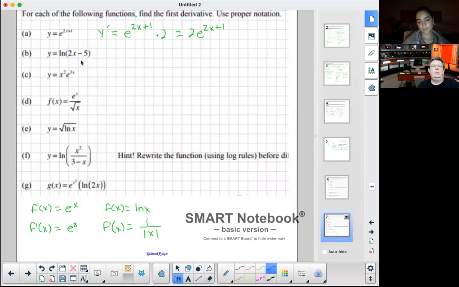So here, the derivative of natural log is 1 over the absolute value, times the derivative, which is 2. Outside times inside, which is 2 over the natural log of the absolute value of 2x minus 5.